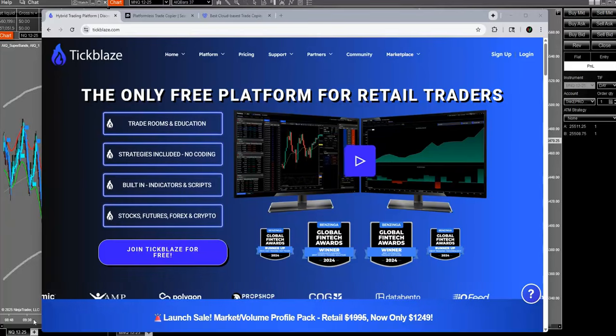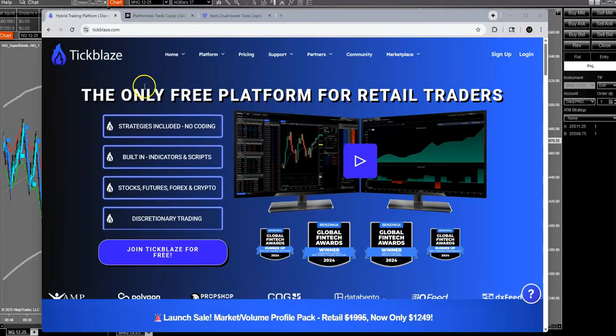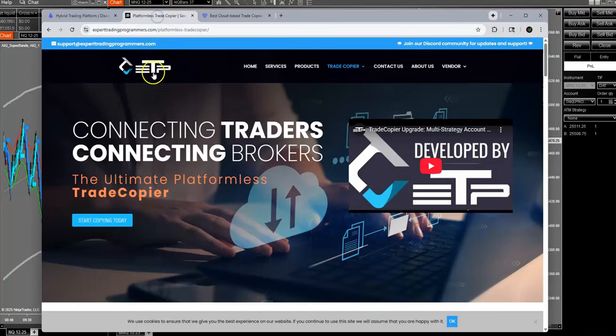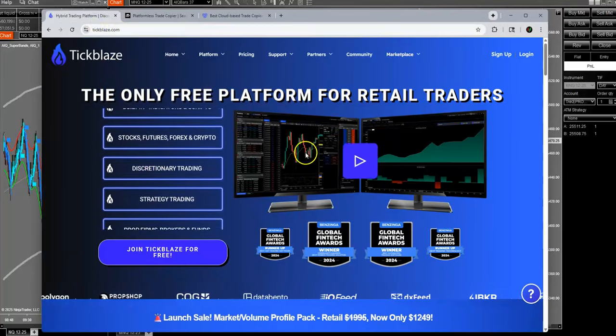But right now on TickBlaze, I can use ETP Trade Copier to talk out to my trade accounts. Now, the big issue is, with your prop firms, what data feeds are they offering and what platforms are they offering? So if I'm on TickBlaze using ETP Trade Copier, there could be limitations where you can't talk out your trade activity running on your master accounts on your TickBlaze platform on a chart.